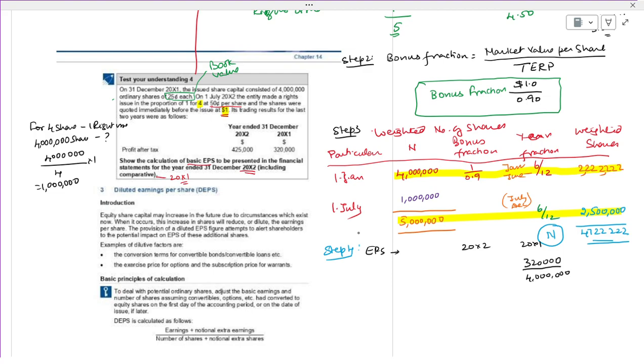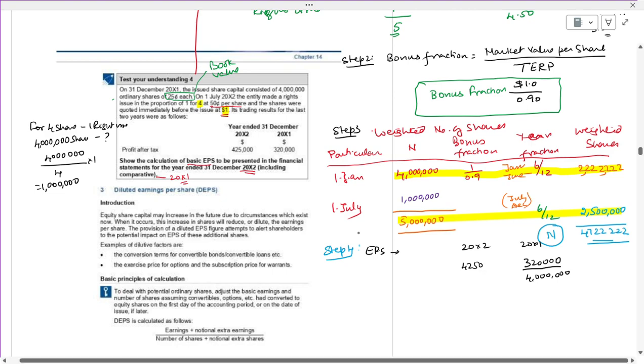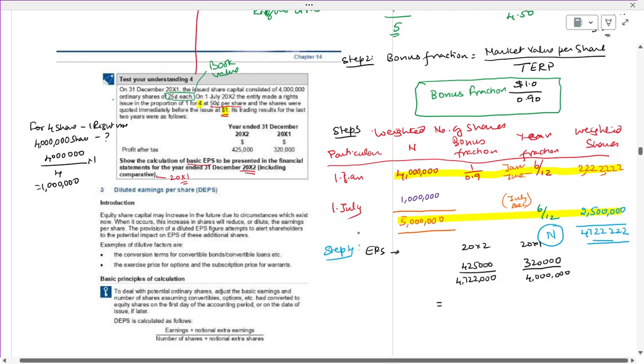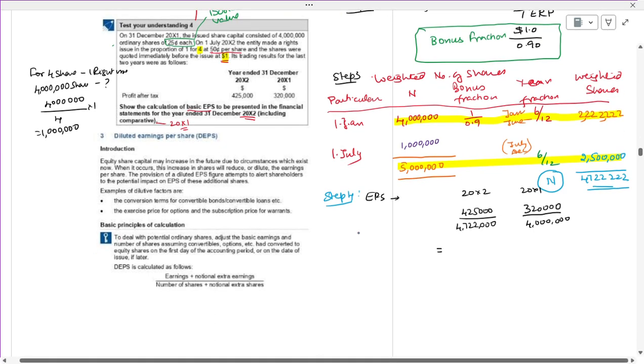Okay? 2002, what is the profit? 425 divided by 4722. Put it in cents. Don't put it in dollars.